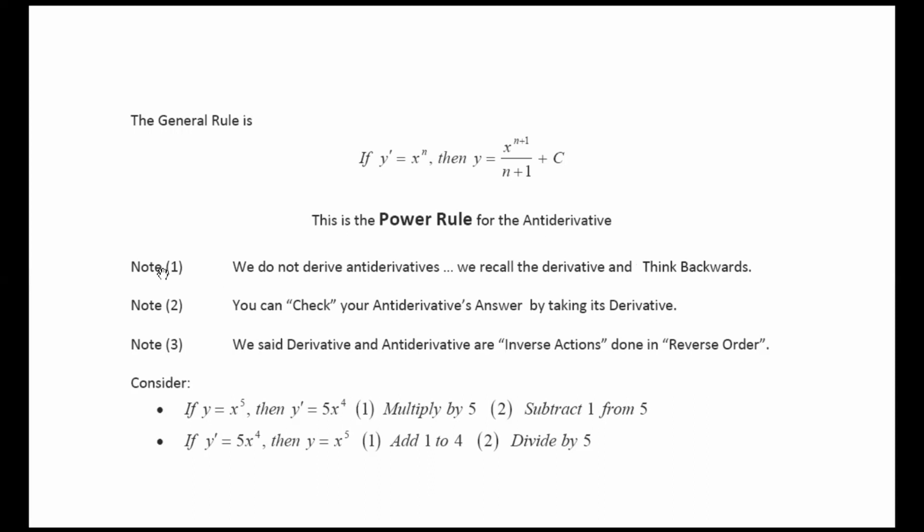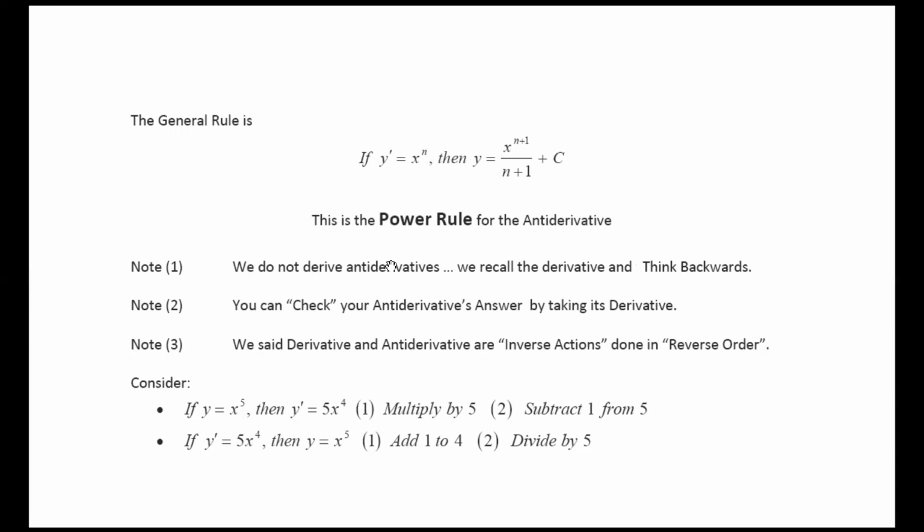Now let's look at some notes we have here. Note 1. We do not derive antiderivative formulas. If you recall, working with the derivative, we had to derive the derivative formulas.